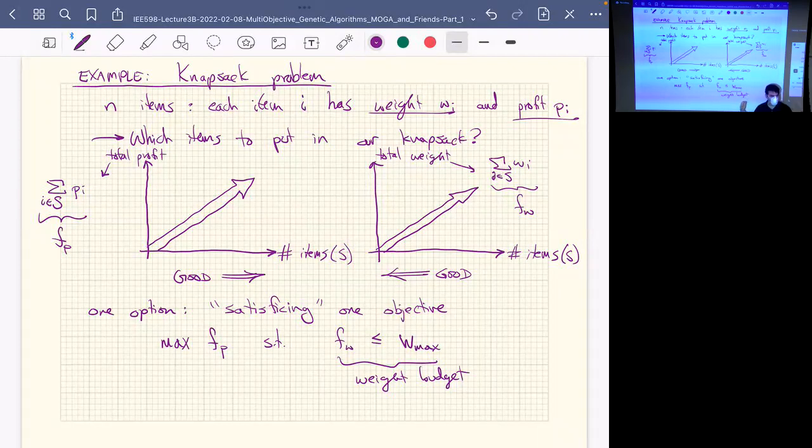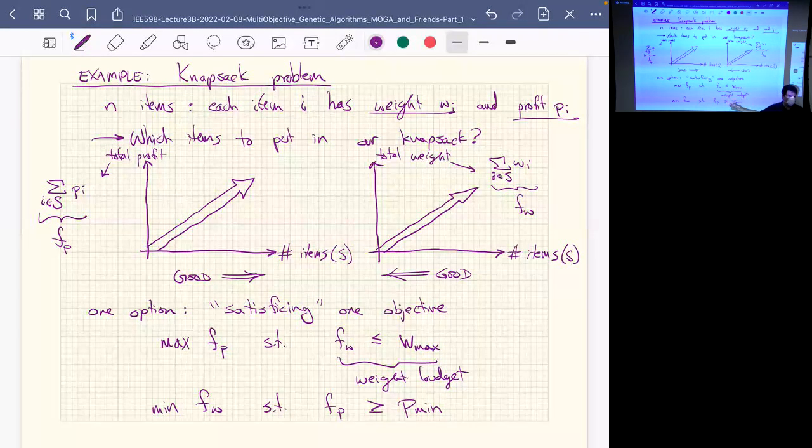Others are really going to be more concerned with weight. So you could say, what if I instead say minimize weight subject to a profit requirement? That's another way you could possibly do this. But there are going to be some people who are happier with this objective than with that objective.